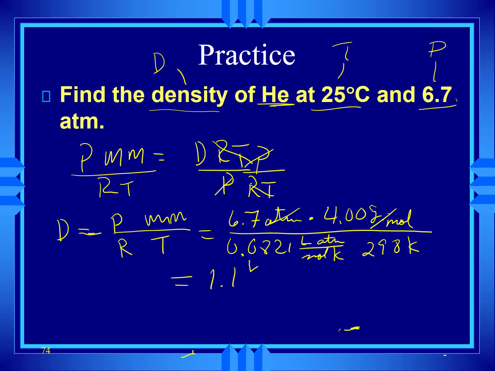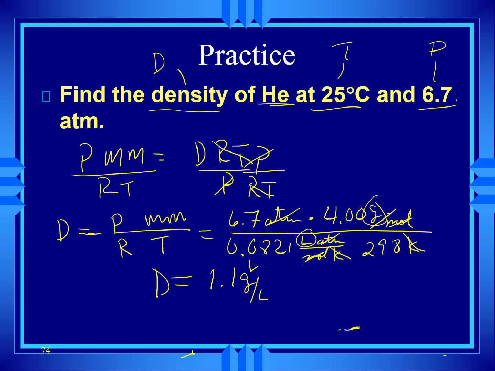And unit-wise, atmospheres cancel, moles cancel, kelvins cancel. And I'm left with grams over liters, which is really good because I was looking for a density. So given the molar mass, I can find the density by rearranging the equation.